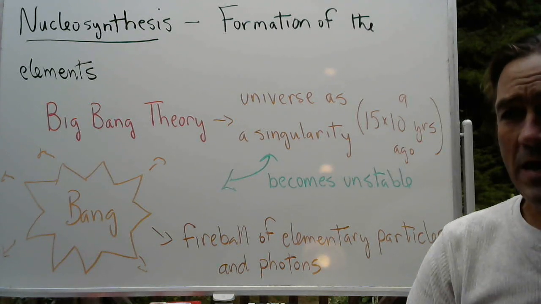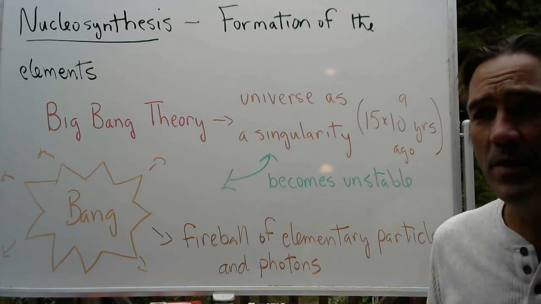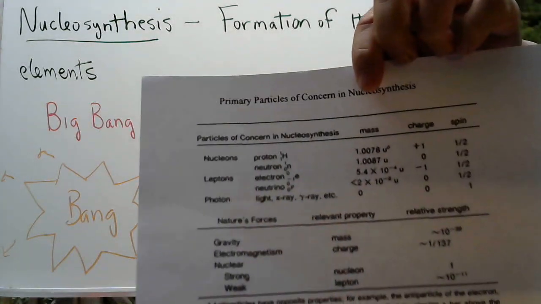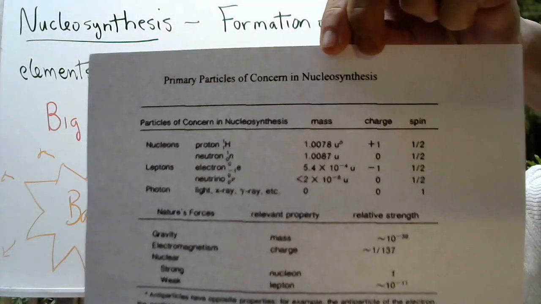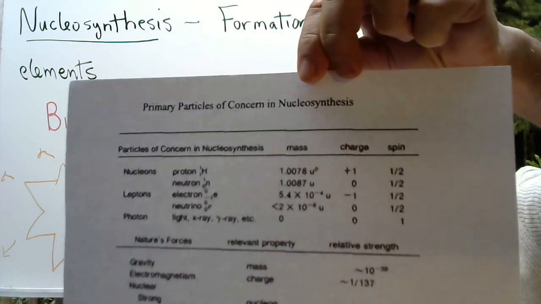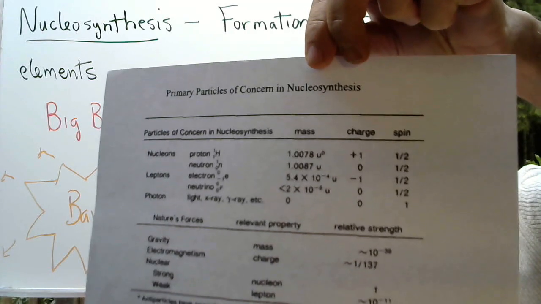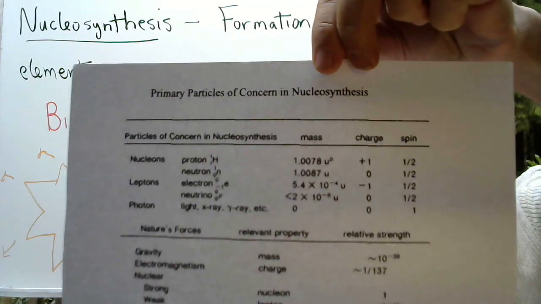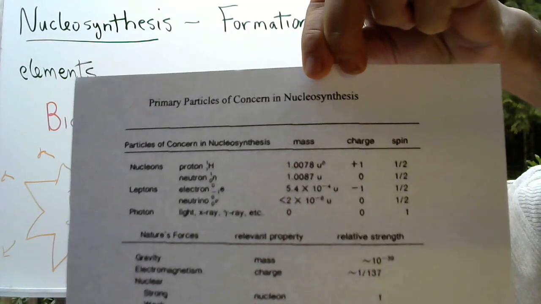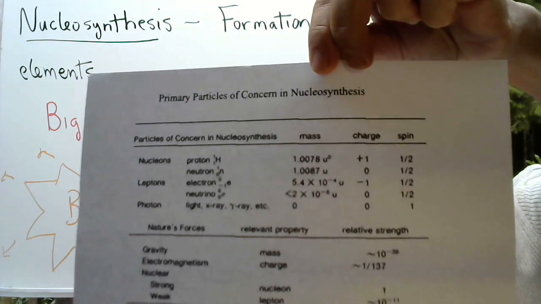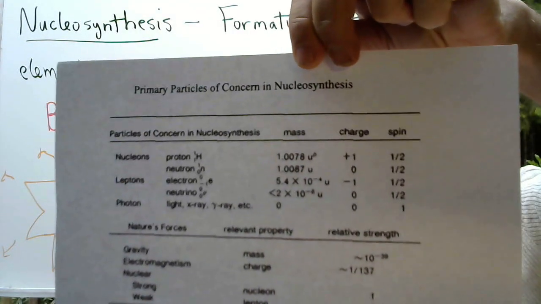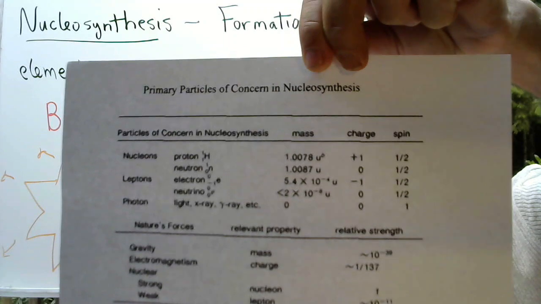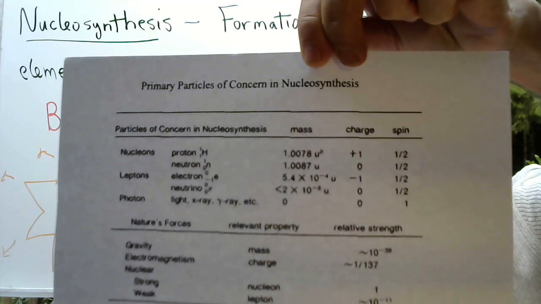And so in the paper I asked you to look at and read, we have some figures, and it lists the different elementary particles that we're talking about in this initial fireball. And so we're talking about nucleons, which includes protons and neutrons.